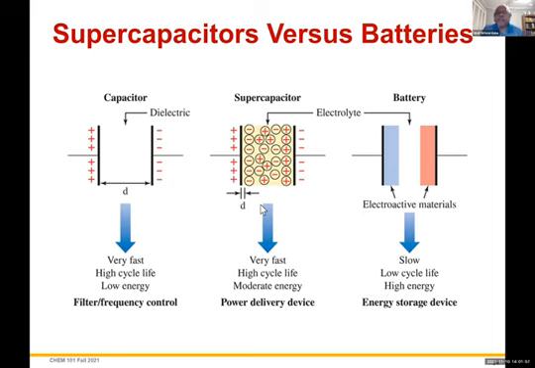Supercapacitors are replacing lead acid batteries now, so you're going to hear this in the future. Supercapacitors provide a fast source of electrons, current, and they could be used in many applications.